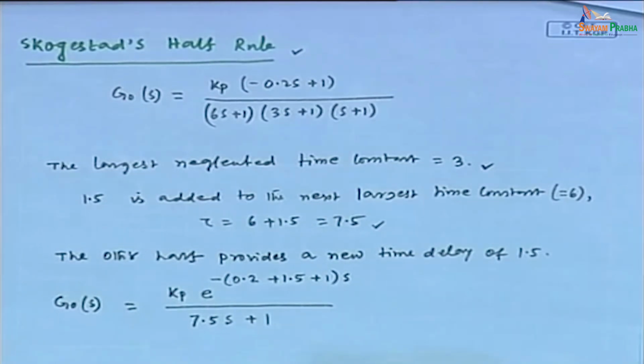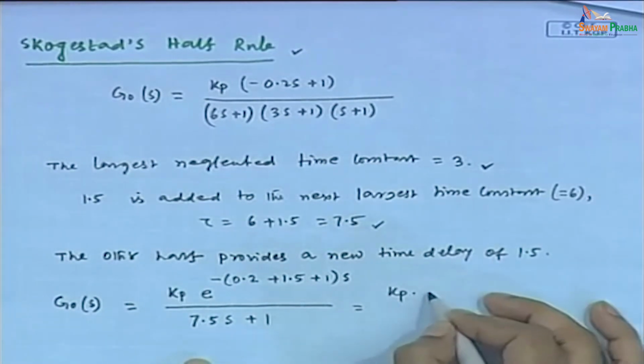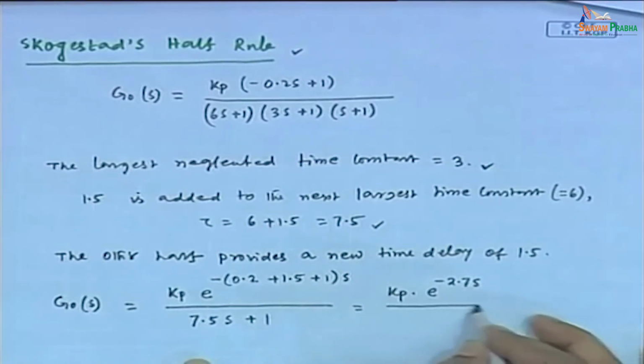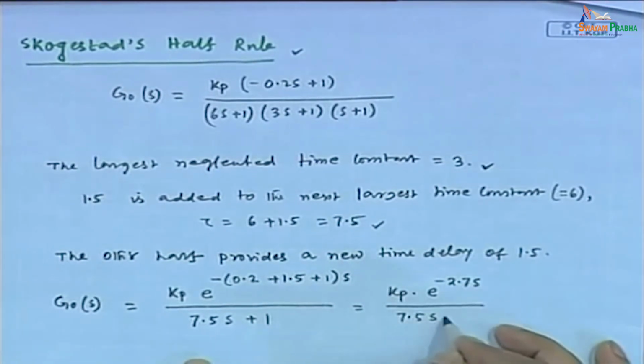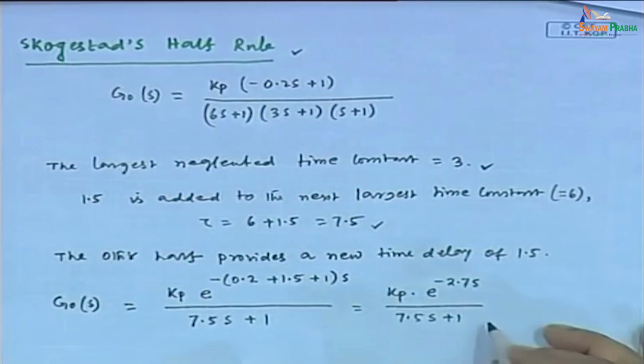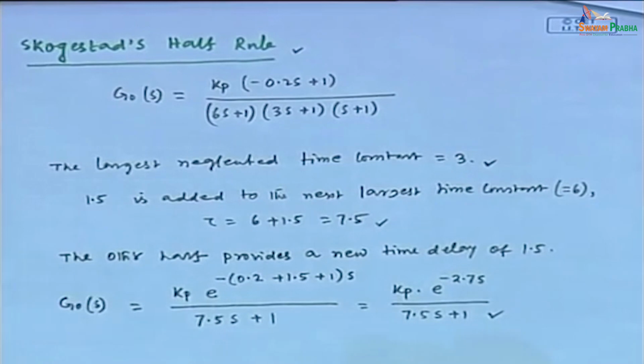So, the denominator becomes 7.5s plus 1, that means Kp exponential of minus 2.7s divided by 7.5s plus 1.